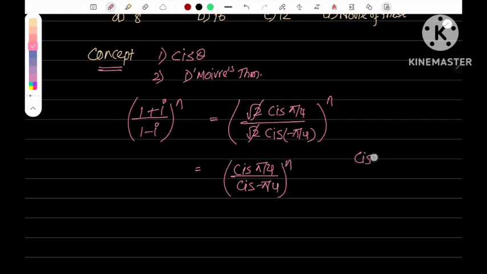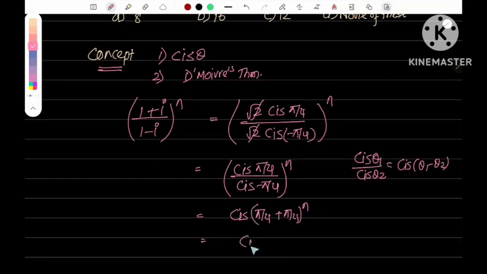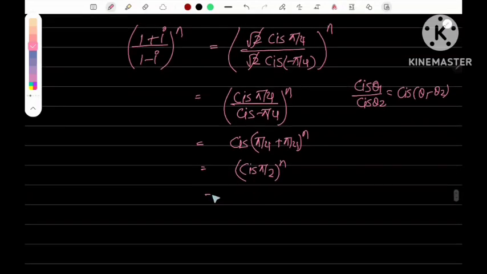Now another concept here is cis theta 1 divided by cis theta 2 is equal to cis (theta 1 minus theta 2). So here this will become cis (pi by 4 plus pi by 4). This is nothing but (cis pi by 2) to the power n, and cis pi by 2 is nothing but i to the power n.